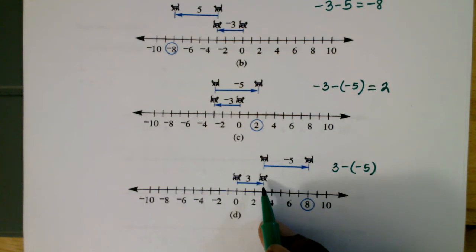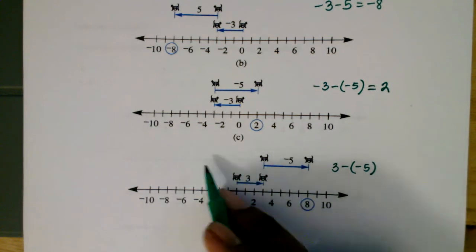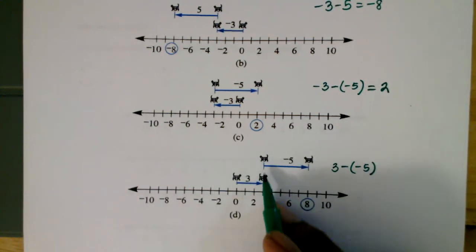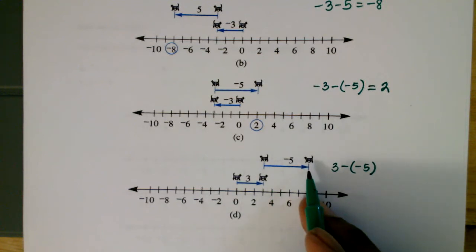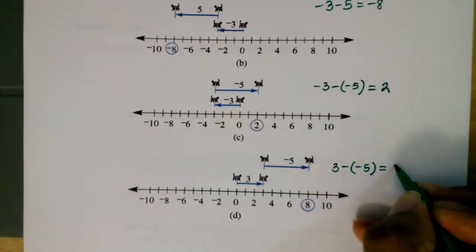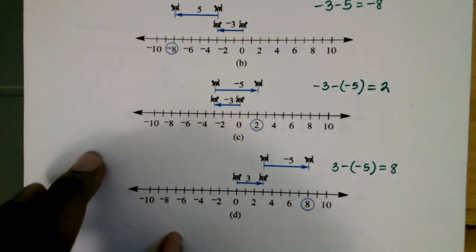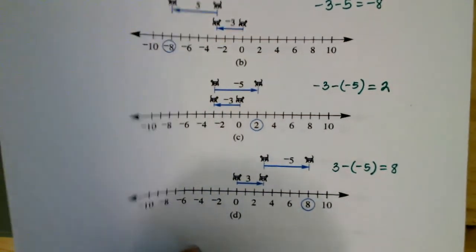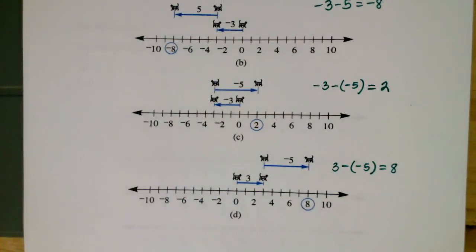We're subtracting, that means we face the negative direction. And then from 3, we're going to be walking backwards 5 because it's negative 5. We end up at 8. So 3 minus a negative 5 ends up being 8. So that's how we use that number line method to subtract integers.